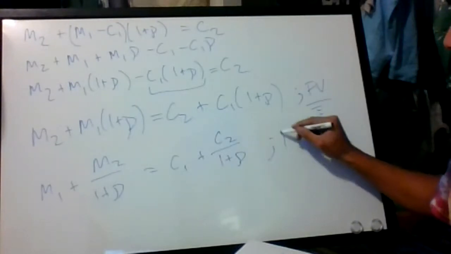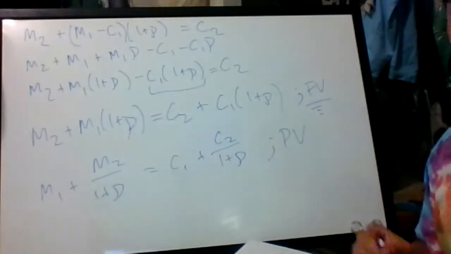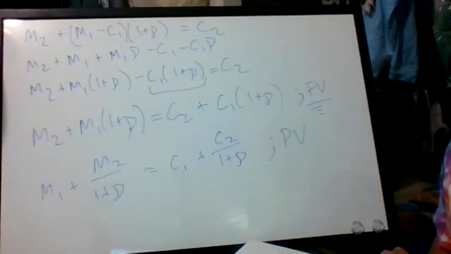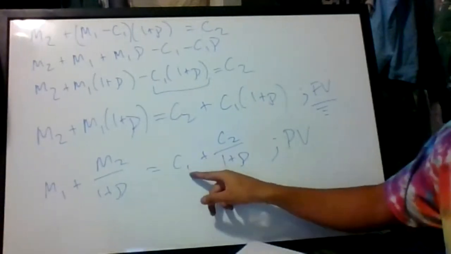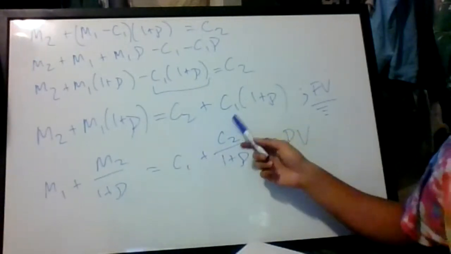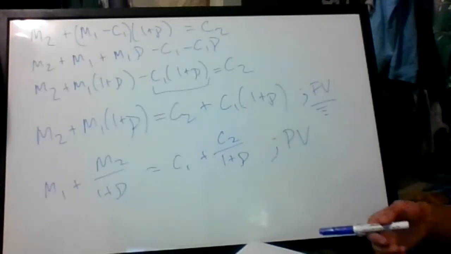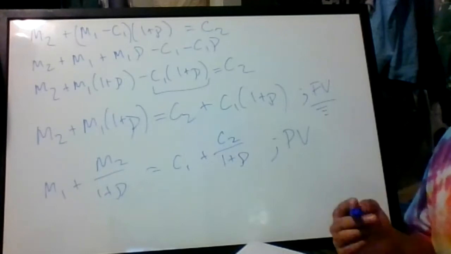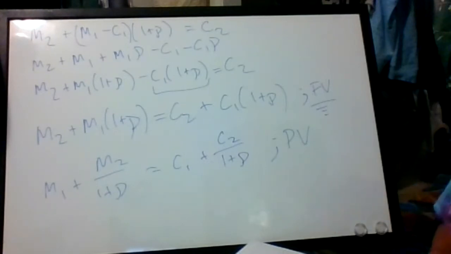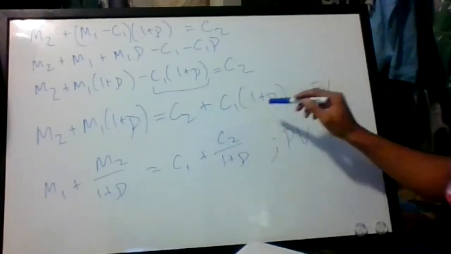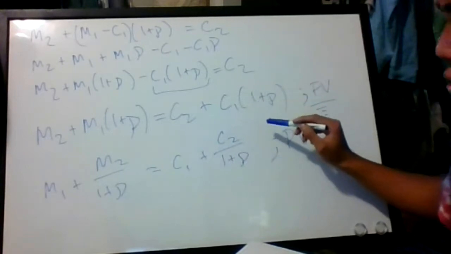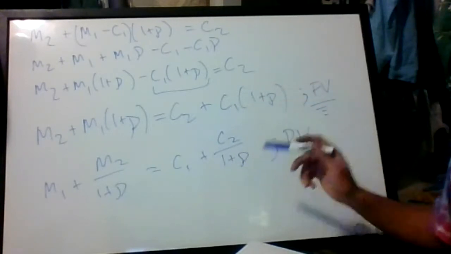We're going to consider this present value, right? Which means that everything is in terms of what the value is in period 1, as opposed to period 2.